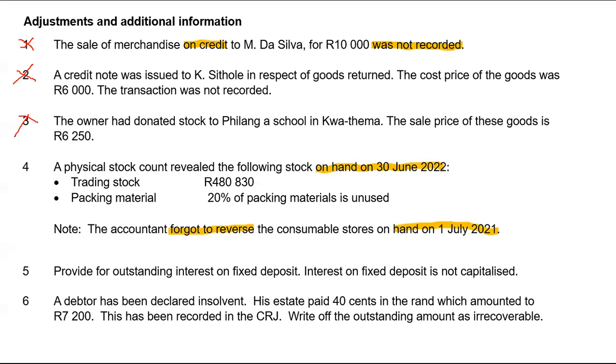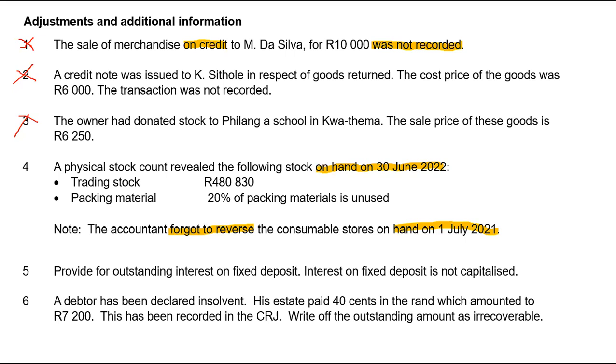So next year, which is this year, and this consumable stores was for last year. So this year we needed to reverse that by debiting packing material actually and crediting consumable stores on hand. But that was not done, and we just did it. So we no longer have consumable stores on hand, it's zero, but our packing material must increase by that 7,500 of which we did earlier on.